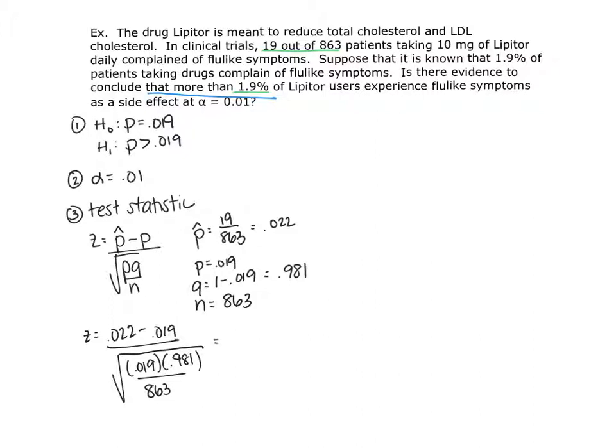The test statistic for this is 0.65, and we're always going to round our test statistics to 2 decimal places.